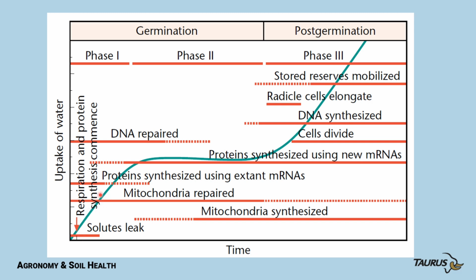So the first 20, 30, 40 hours are spent repairing mitochondria and then building and synthesizing mitochondria, because without those, the seed hasn't got the energy to go on to germinate. And then as it moves through, because these have to multiply and build from this small base in the seed to grow to massive numbers as the plant goes through the rapid early growth phase, and then to maturity, it all starts with the seed. So the seed is really important to the end of the crop.